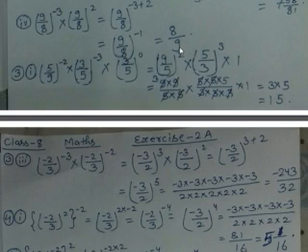Now if you see question number 3, there is (5/9) raised to the power minus 2 into (3/5) raised to the power minus 3 into (3/5) raised to the power 0. If you remember, just today I said anything raised to the power 0 has value 1, so I had written 1 over here, and this is raised to the power minus 3, so when I made it positive, 5 goes up and 3 comes down. As you can see, (5/3) raised to the power 3 I had written, and this is also negative, so when I made it positive, 9 goes up and 5 comes down.